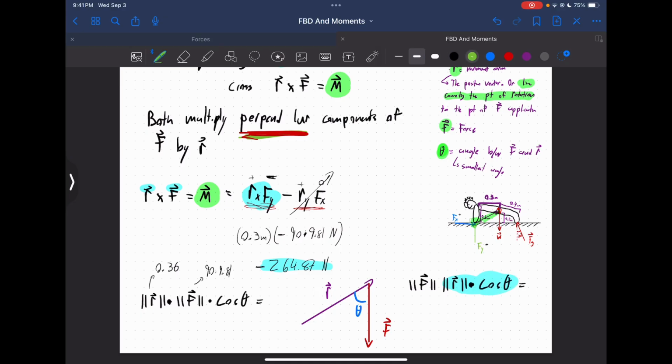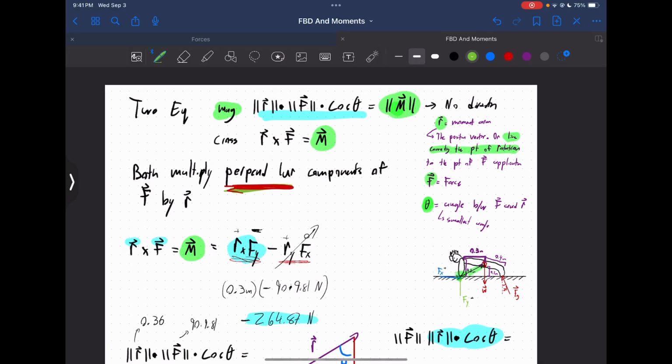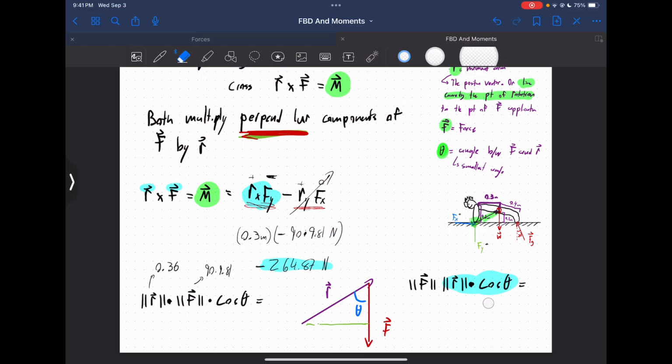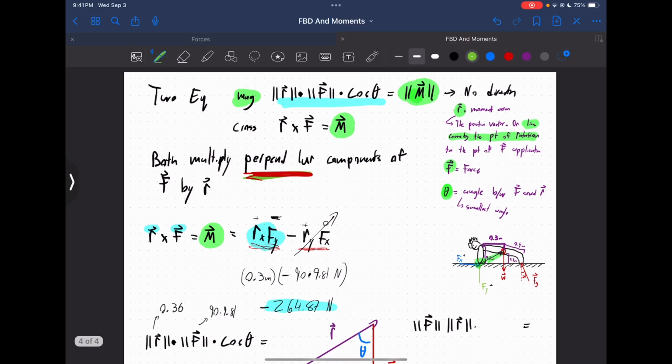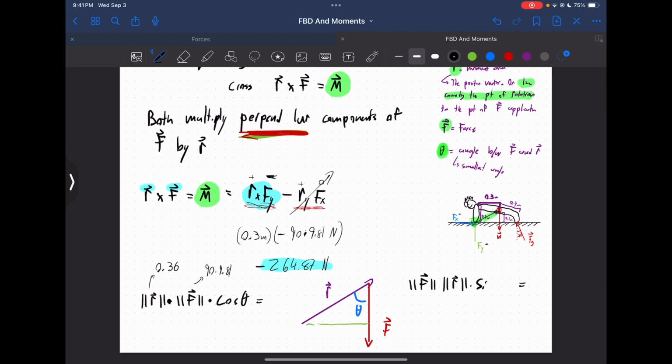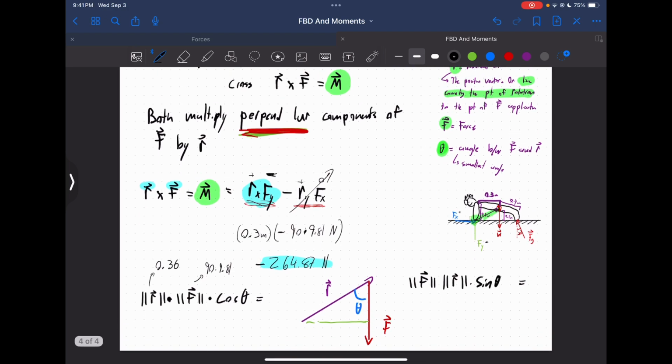We notice if I make a triangle, it is sine theta. My apologies, I'm thinking of the dot product. Sine theta. That is the magnitude method. Sine theta.